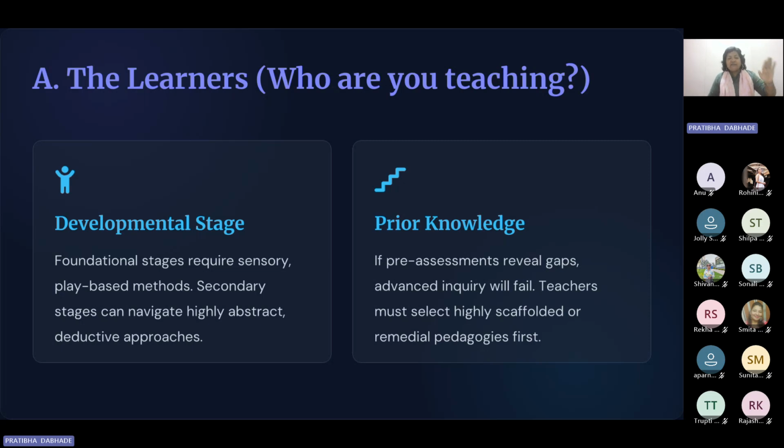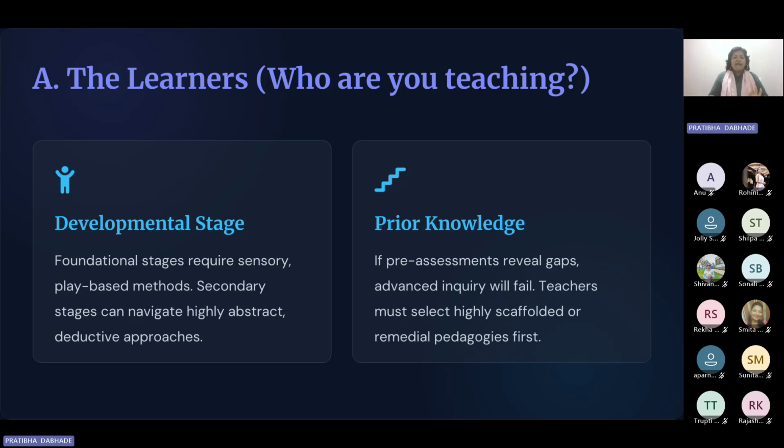So before selecting the different approach of pedagogy, we have to think about the particular stage of the learner. I'm not talking about the pre-primary and primary because it is not there in the NEP 2020. Whatever the latest things are, I'm going to talk only about that, right? So fundamental, preparatory, middle, and after that secondary.